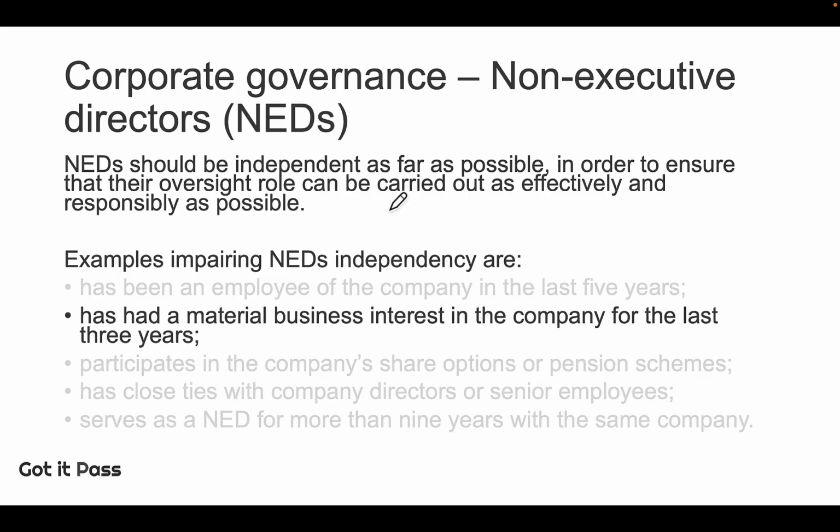Second, the non-executive director has a material interest or business interest in the company for the last 3 years. That means there is a money relationship between himself, the non-executive director, and the company for the past 3 years. It will also impair his independency and also his judgment as well.